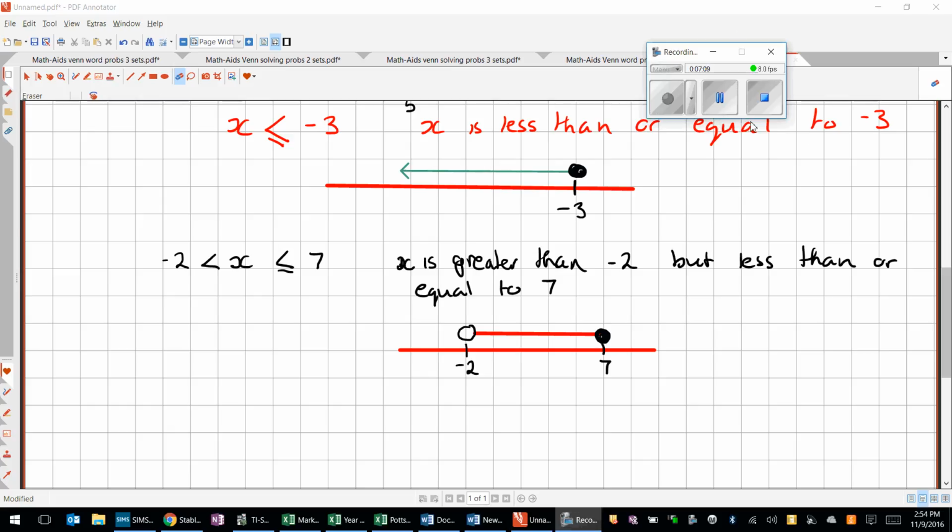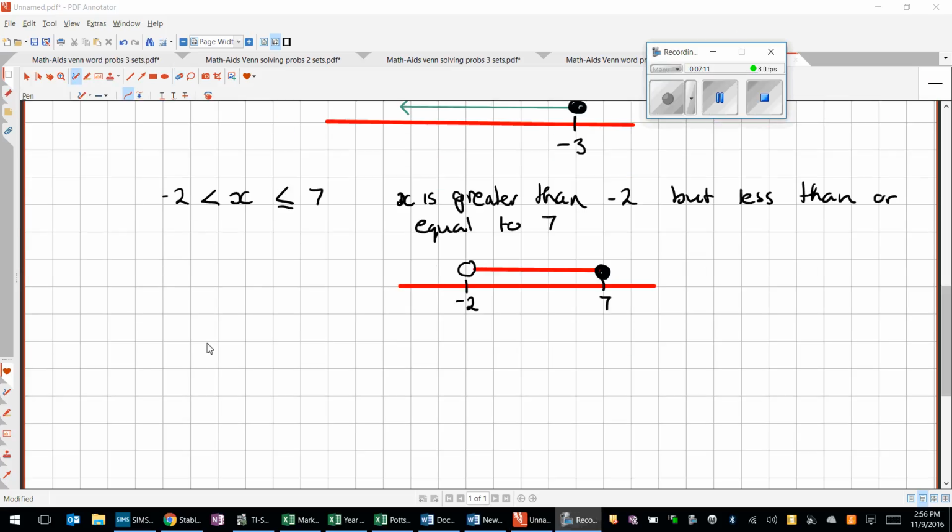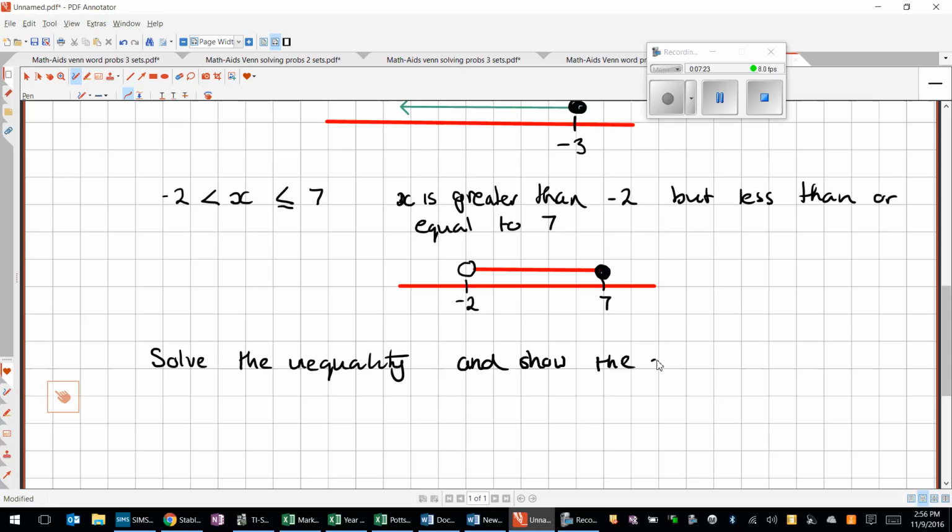Right, what we're going to do is move it on a step. We're going to say solve the inequality and show the answer on a number line. So I'm going to give you this question.